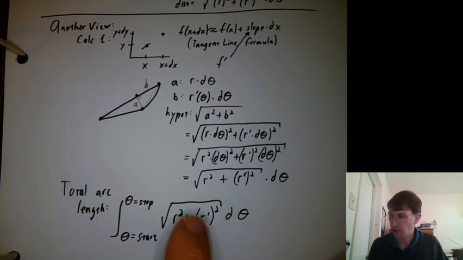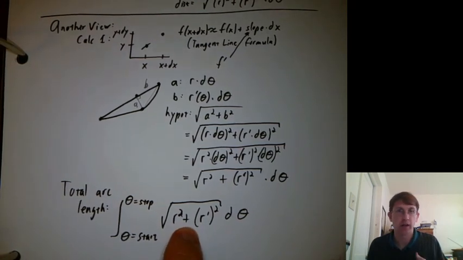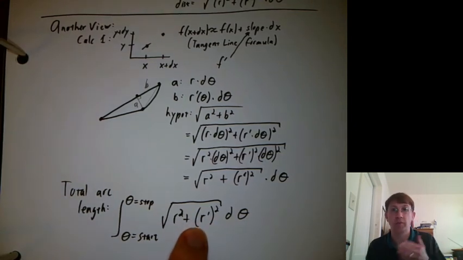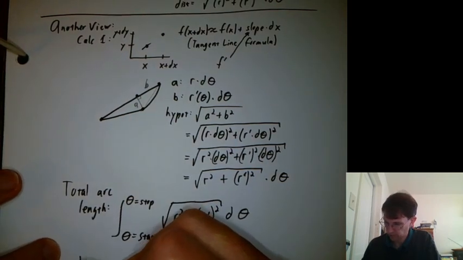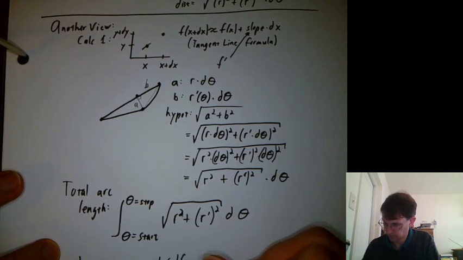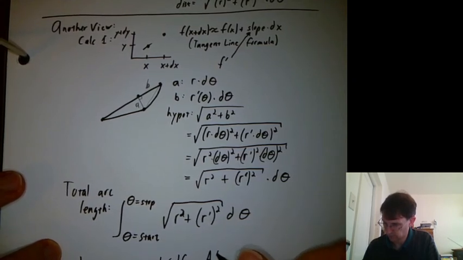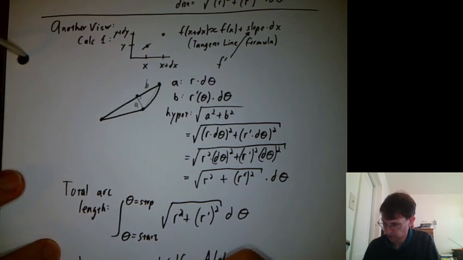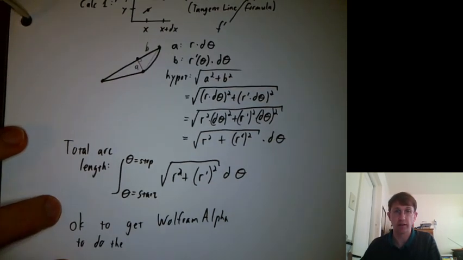The problem is, like a lot of our arc length stuff, you're ending up with squares inside a square root. The integrals are really hard to do in all but the simplest of cases. So it's okay with me if after you formulate the integral, you go ask Wolfram Alpha to compute it, unless it's really simple. It's doing the antiderivative that's the hard part.